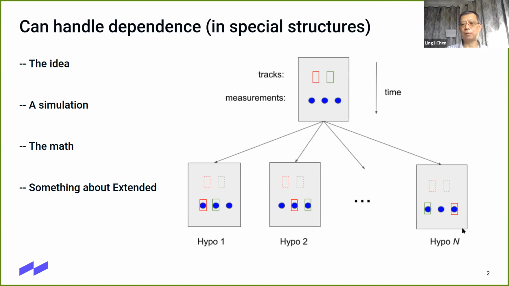But the last one, we are saying that the red box on the left is now on the right. So we would consider that a very unlikely hypothesis, and considering them jointly, we would give a very low likelihood for this hypothesis.